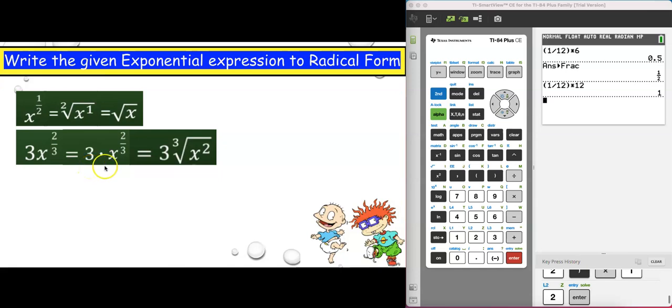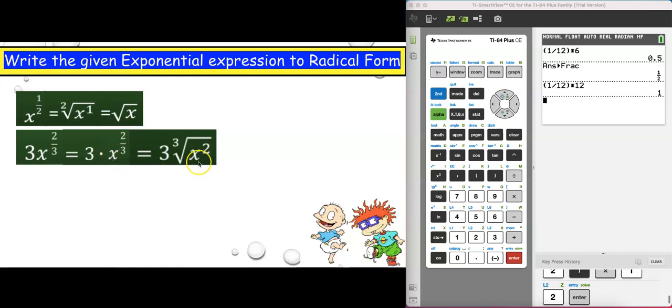We're just writing them differently. The 3 stays on the outside because it's not being raised to the 2/3 power, only the x.